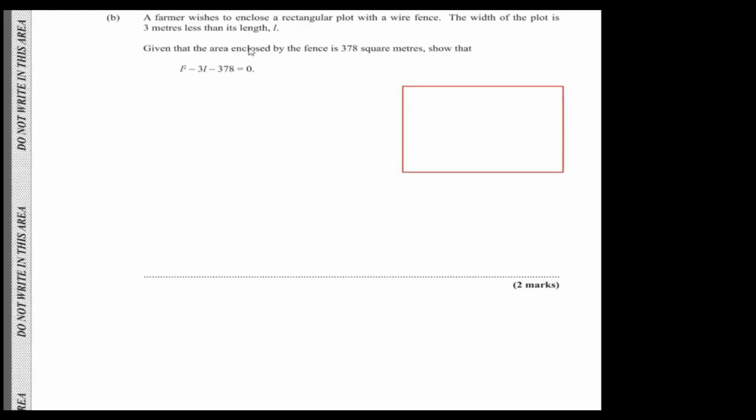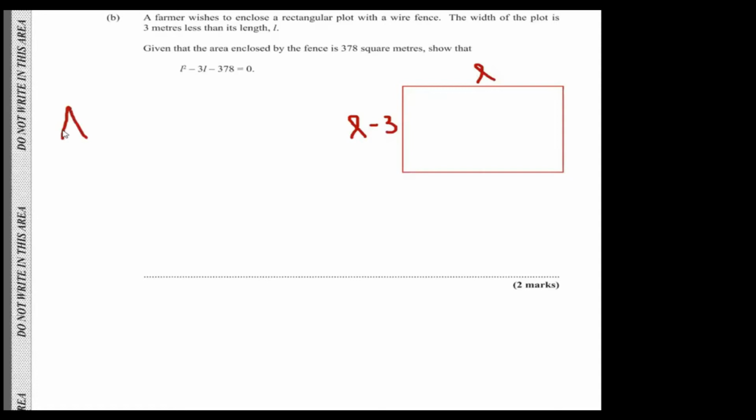They say that the length is L, so I'm going to call the length L. And they said that the width is 3 meters less, so the width is L minus 3.